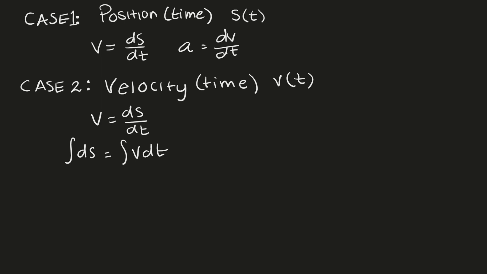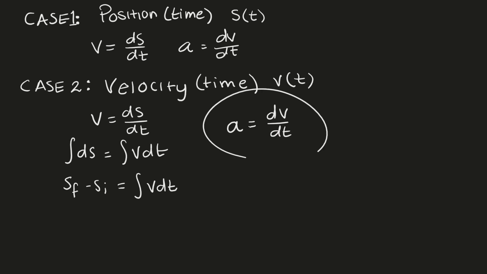Then we can say s final minus s initial is equal to the integral of v dt. Then we can say the acceleration is given by the same equation as above. If we're given v, of course, we can just use this equation here to find a. So those are the first 2 cases.